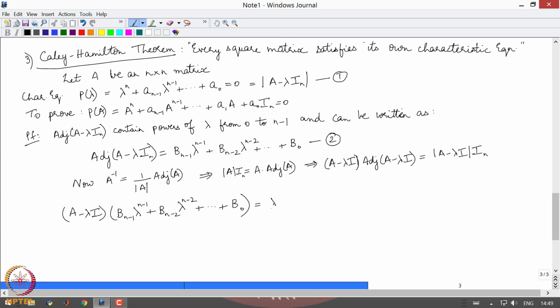This is equal to lambda power n plus a n minus 1 lambda power n minus 1 plus so on, a naught, times I n.